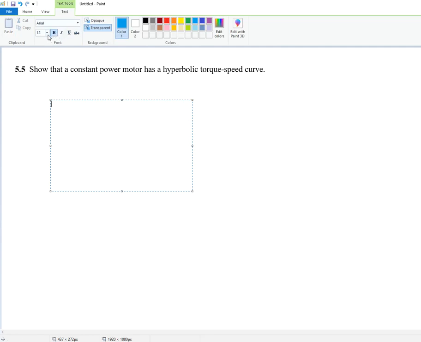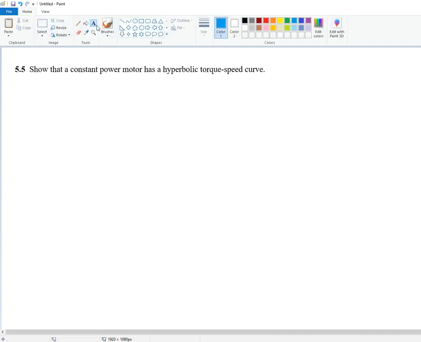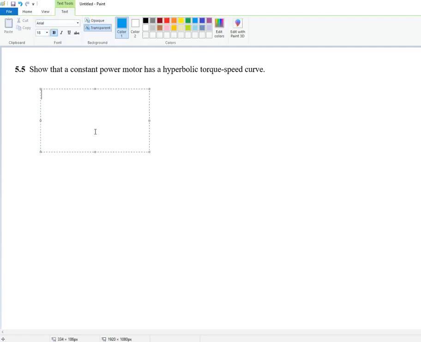And change font to maybe 14. Or 16. And so I have power equals torque times omega equals constant.